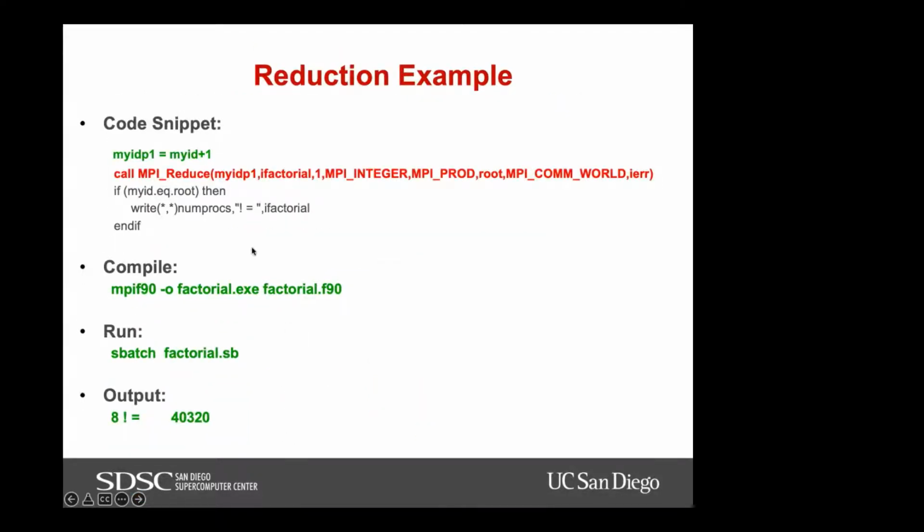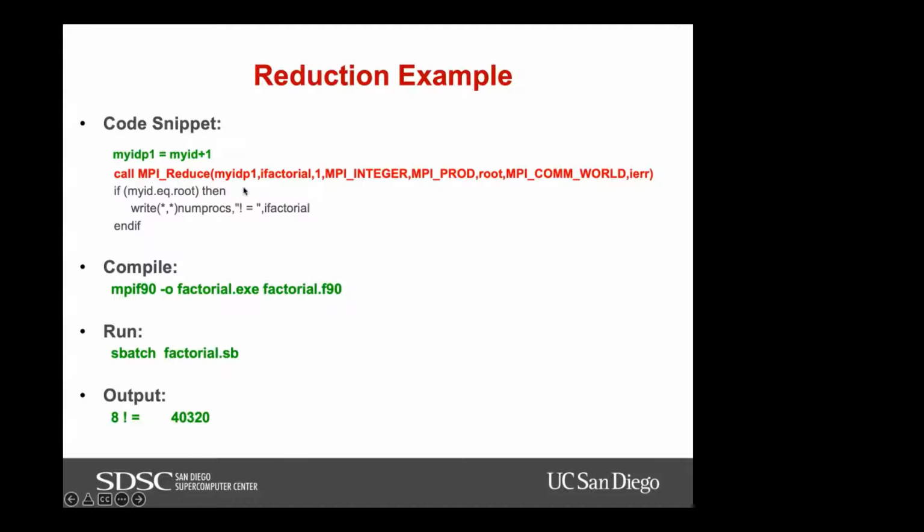The reduction is basically a collective that does some operation with data from all the tasks. So in this example, I added 1 to my ID, which is the MPI rank. Say you have 8 processors, it goes from 0 to 7, so this will go from 1 to 8.